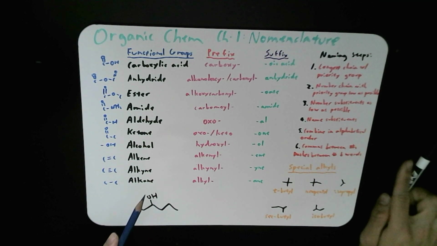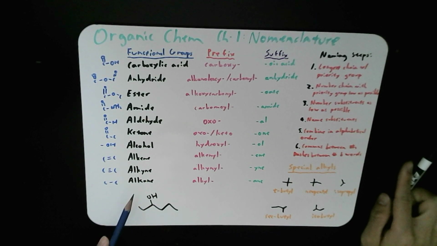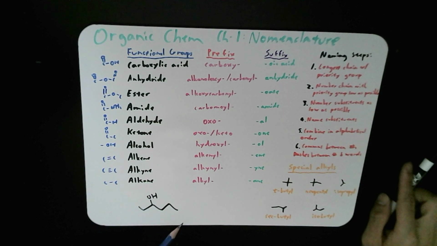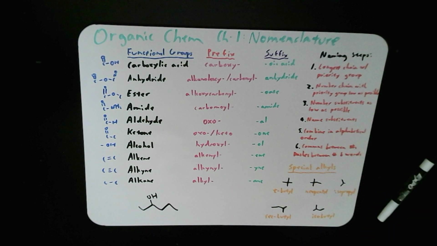Now we see that there's OH, which denotes an alcohol. That chain goes 1, 2, 3, 4, 5, 5 long. However, this chain of just carbon is 1, 2, 3, 4, 5, 6, 6 long. However, we still choose the 5 with the alcohol because alcohol is of higher priority. So that's the longest chain possible with alcohol.